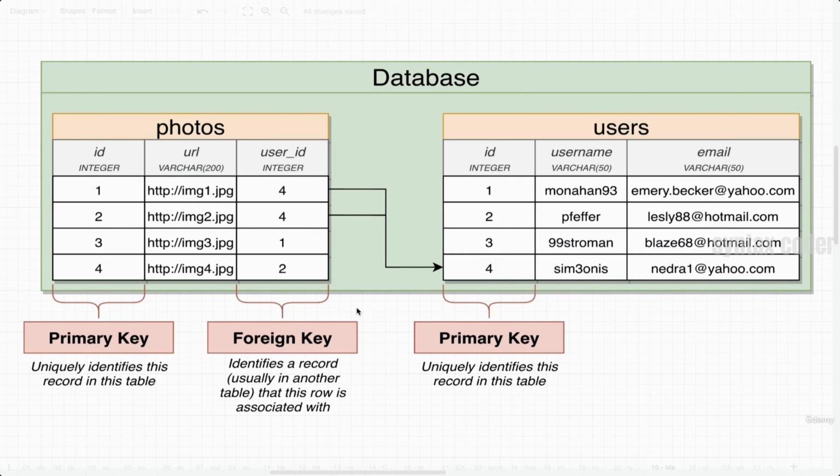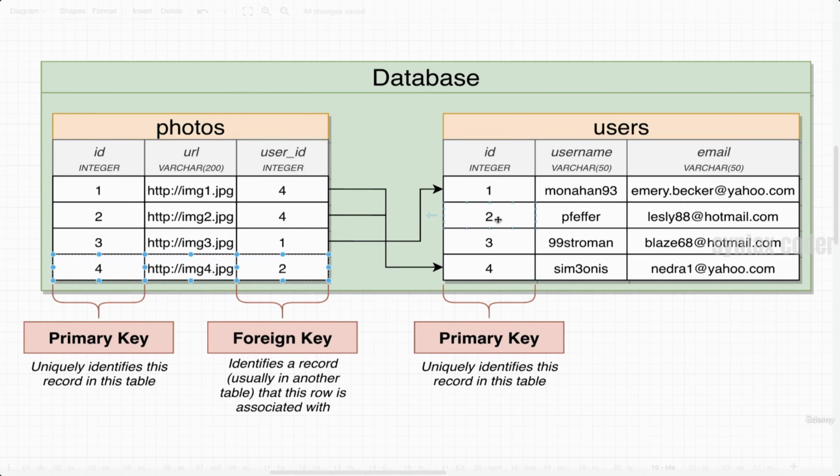So if we wanted to find all the photos that were associated with user ID 1, so maybe this user with username Monahan93, we would take a look through our photos table. We would look at the user ID column. We would find all the user IDs inside of here that were equal to 1. So in this case, it's this row right here. And we would be able to say that this photo is associated with user 93. And then same thing with the last one right here.